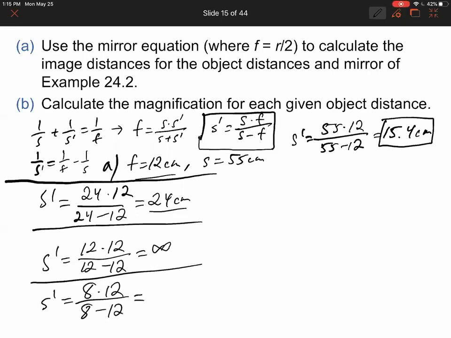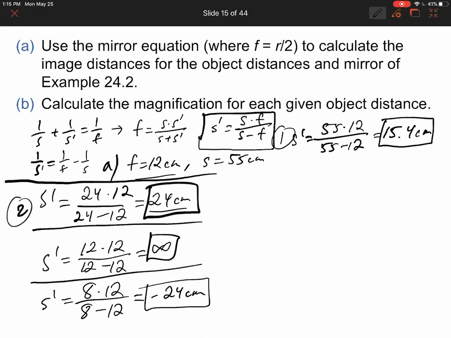What we get here is negative 24 centimeters, which means the image is in the back of the mirror. That's why it's negative. So again, let's say these are 1, 2, 3, 4, or A, B, C, D.